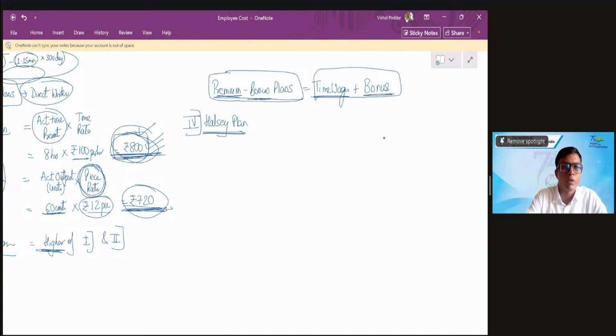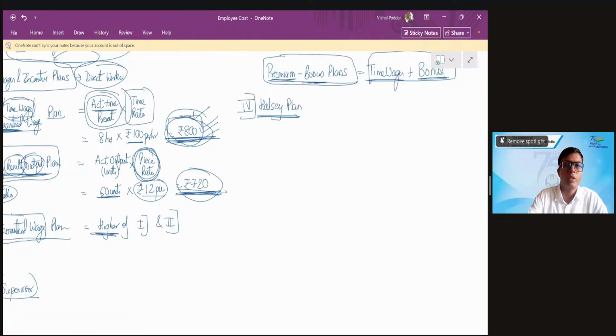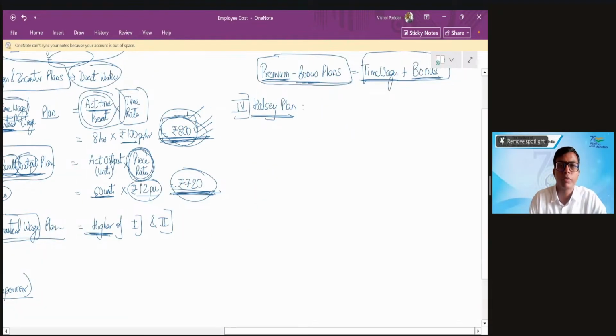Now, what is the formula for your time wages? It is your actual time into time rate. I'll be using short forms: for actual time, AT, just for simplicity, and for time rate, TR. So AT and TR.